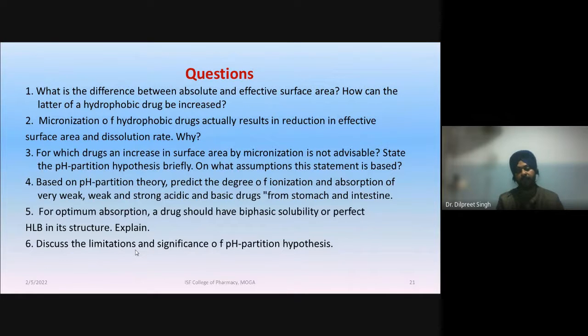Based upon the pH partition theory, what is the prediction of the degree of ionization and absorption of very weak and stronger acidic drugs from the stomach and the intestine? For optimal absorption, a drug should have biphasic solubility or HLB in its structure. Explain. Also discuss the limitations and significance of the pH partition hypothesis.